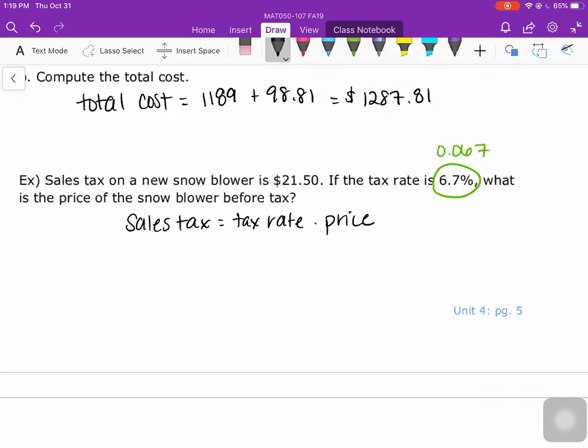So substituting in our known values, the sales tax is $21.50. The tax rate is 0.067, and our price is unknown. How do I solve for x?